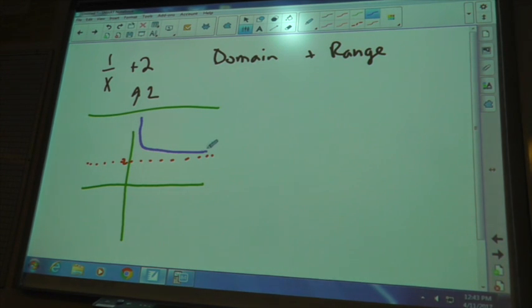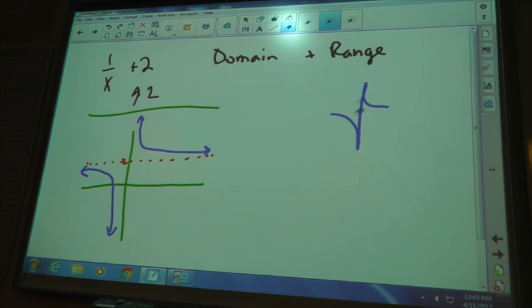So now it looks like this. Now some of your calculators, when they draw this, will draw it like this. The reason it does that is because it connects the dots. It doesn't know to stop. But if it does, just know that's what it's doing.